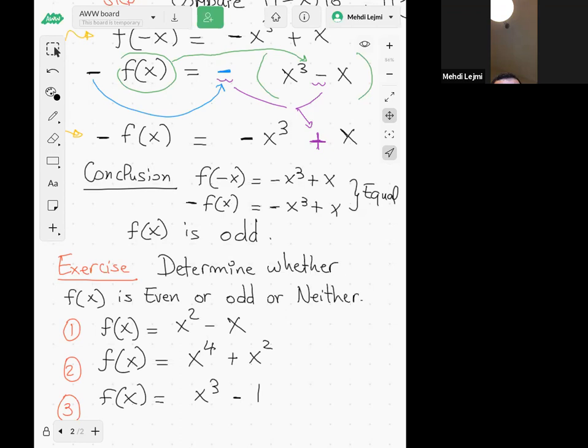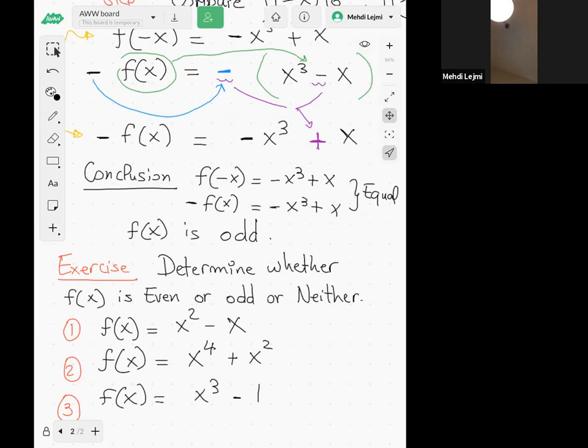So we are Rabiul, yes, very good. Yes, minus x squared minus x. Yeah, that's very good. Yeah, Elizabeth, it's neither. Yeah, absolutely, Rabiul.